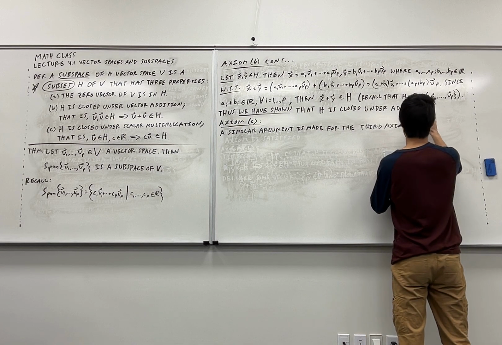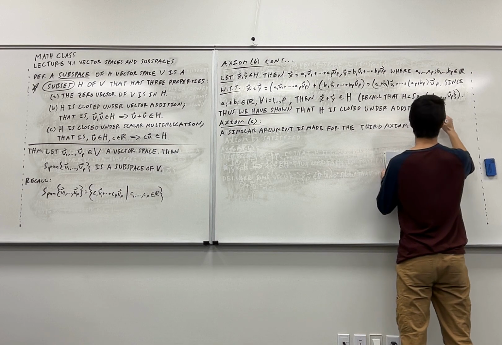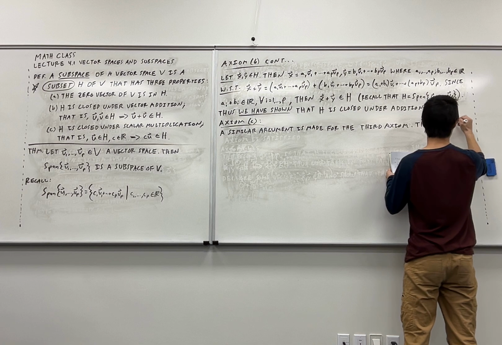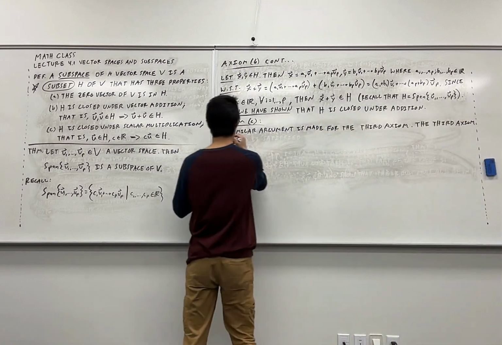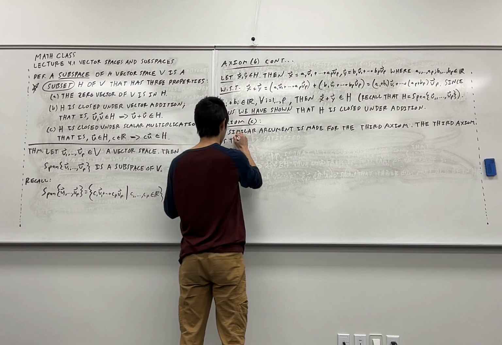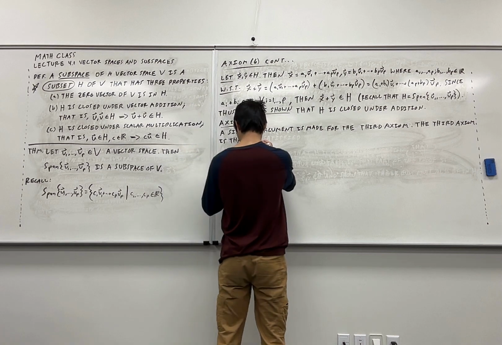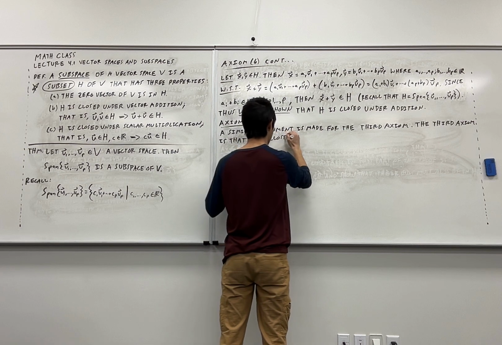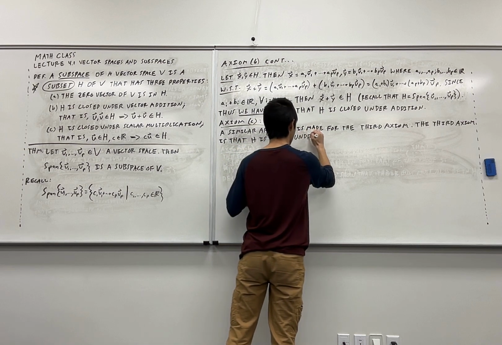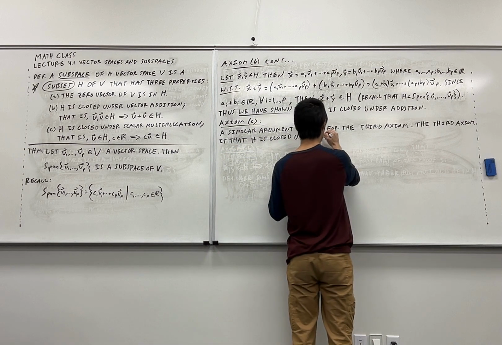Third axiom. So what is the third axiom? The third axiom is that H is closed under scalar multiplication.